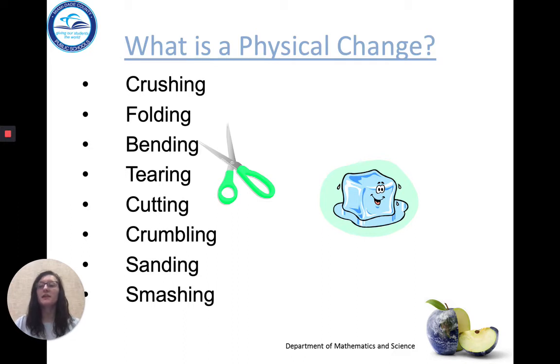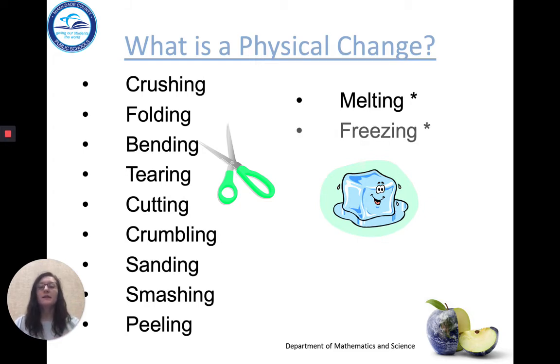So if we smash something, it's still the same thing, but we're making it look different than what it originally was. And then also peeling. So like maybe you've peeled potatoes before, so you take off that skin on the potato. It's still a potato, but you have changed how it looks.